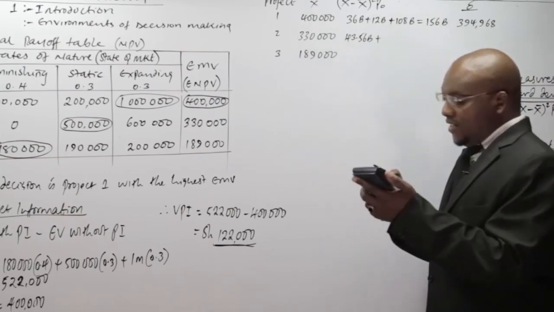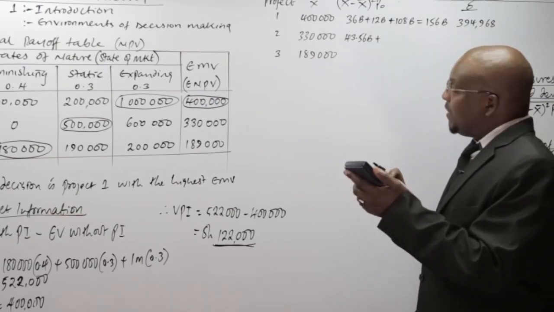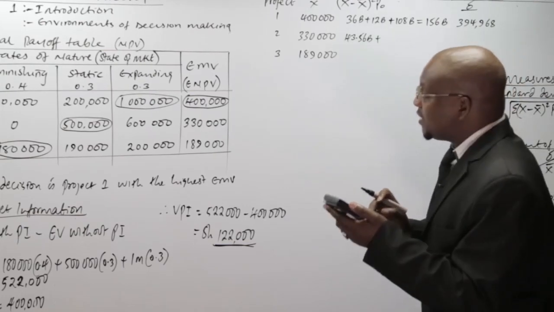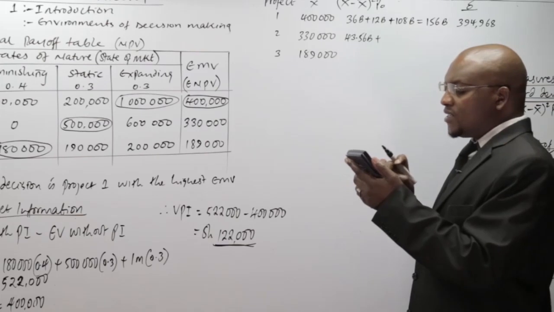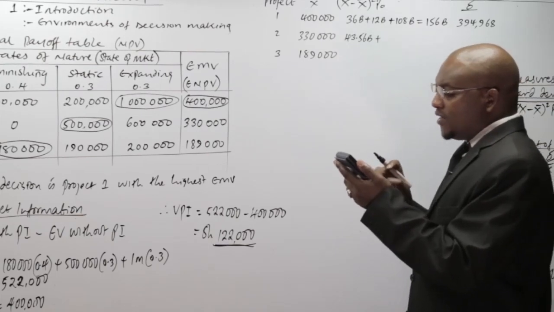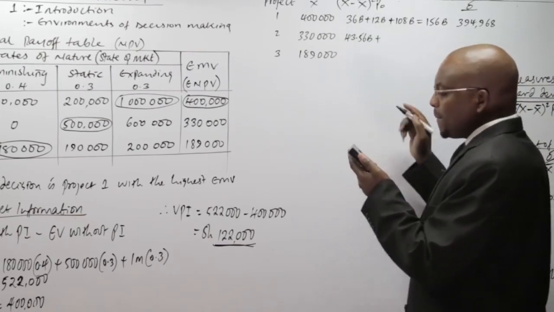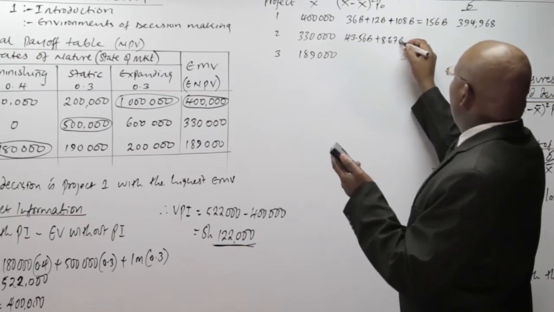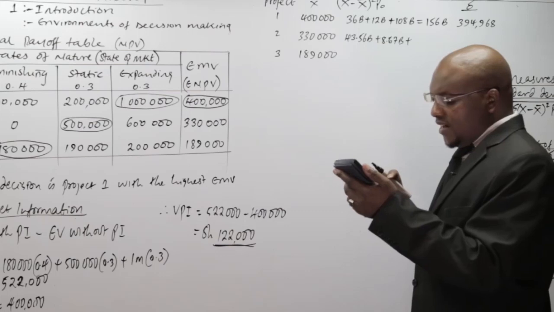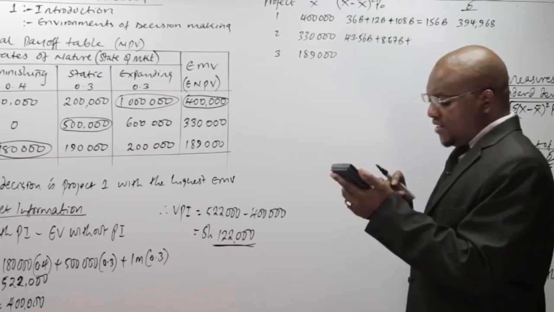Plus the other one, 500,000 minus 330,000. You square it, then you multiply by 0.3. This is going to give you 8.67 billion. And the last one is the 600,000 minus 330,000.